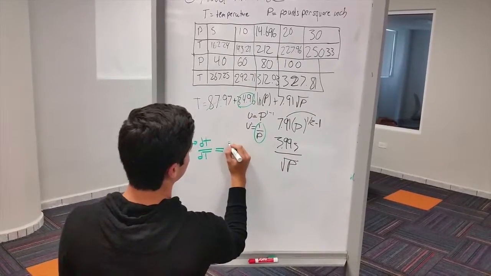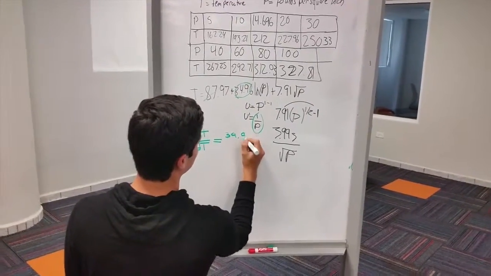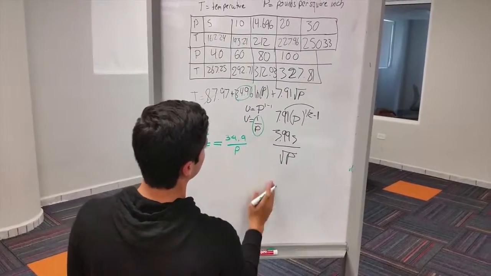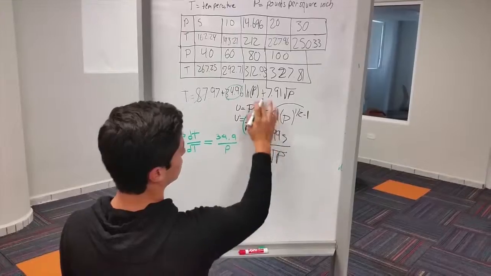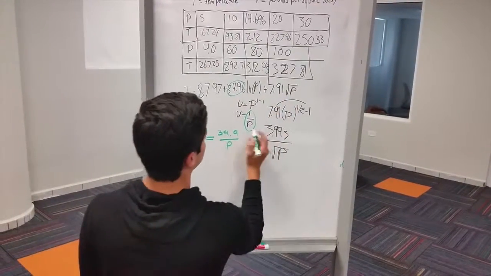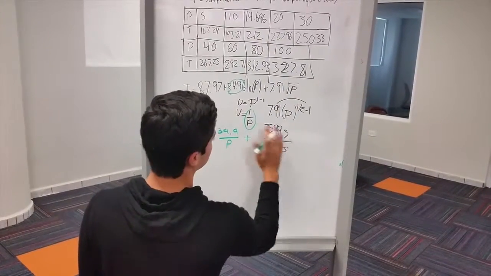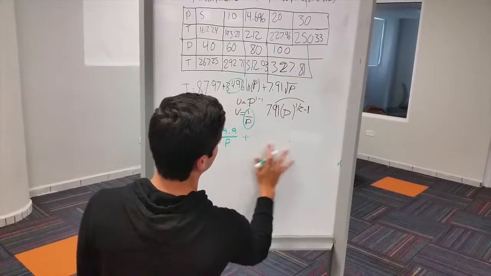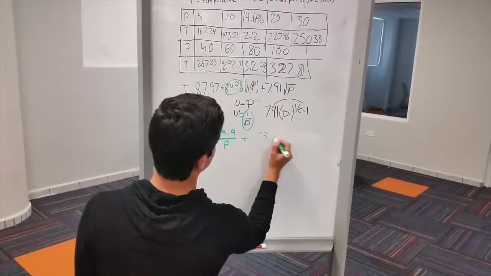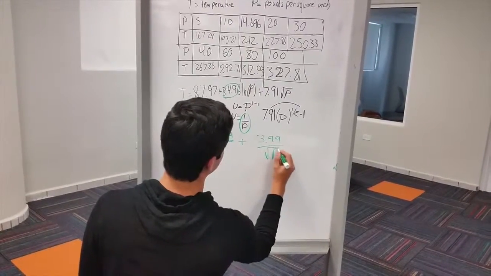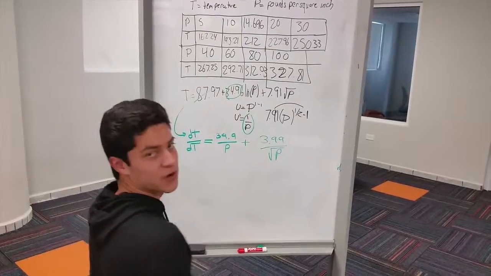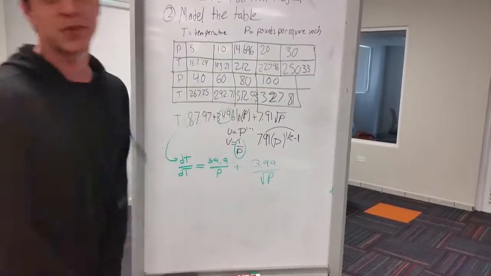So it would be 34.9 over P, and now we just have to add this one, so plus 3.99 over the square root of P. And that would be our rate of change formula.